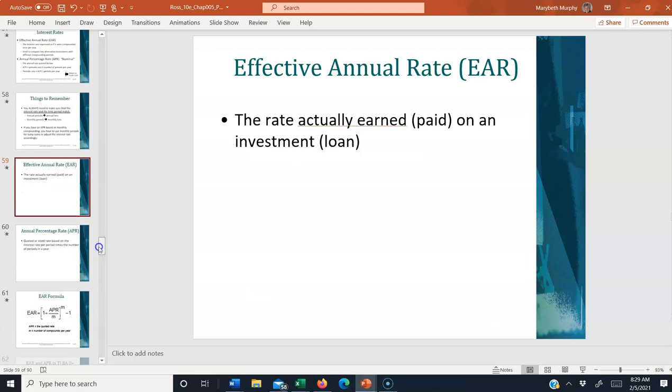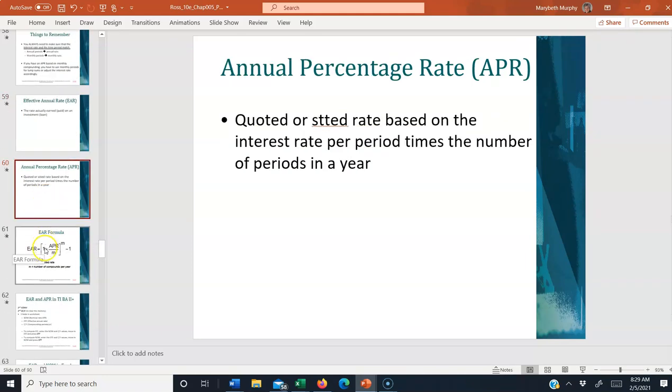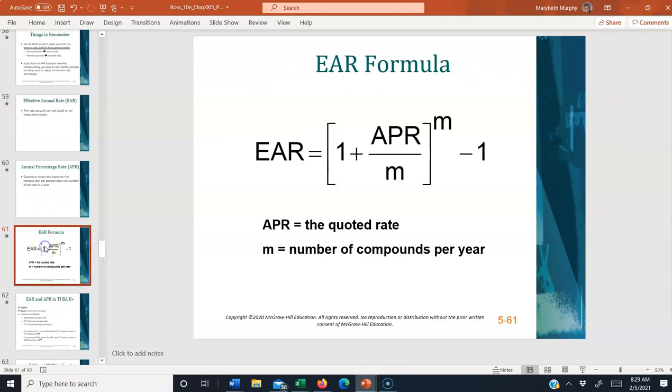All right, and these are just two slides that I think we just went through. The EAR formula for the effective annual rate: you're going to take 1 plus the APR divided by M, to the M power, minus 1.